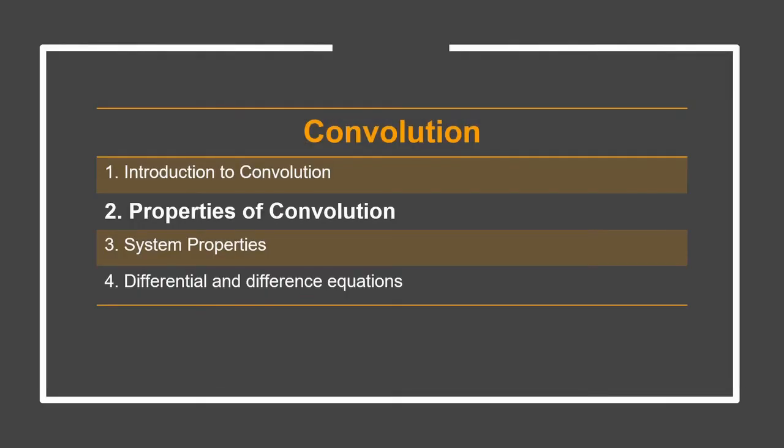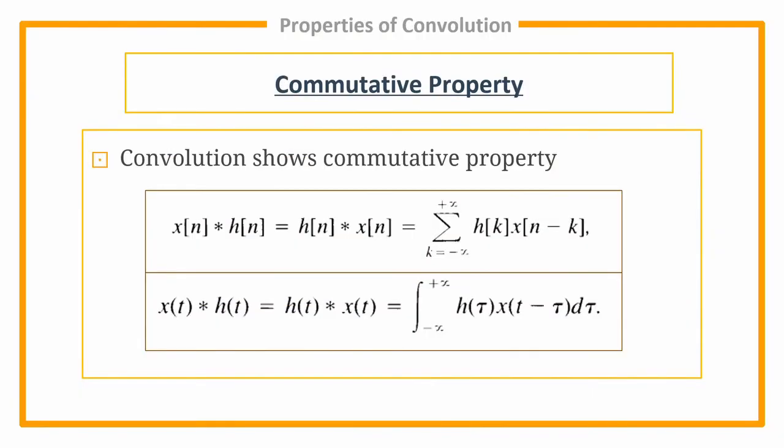The next subsection is properties of convolution. Convolution shows the commutative property for both continuous time signals as well as discrete time signals. So x of n convolved with h of n equals h of n convolved with x of n.